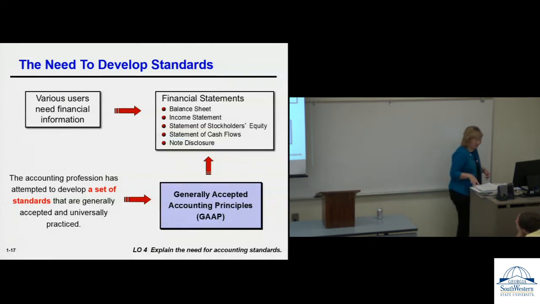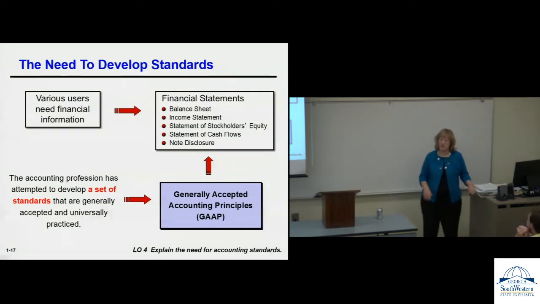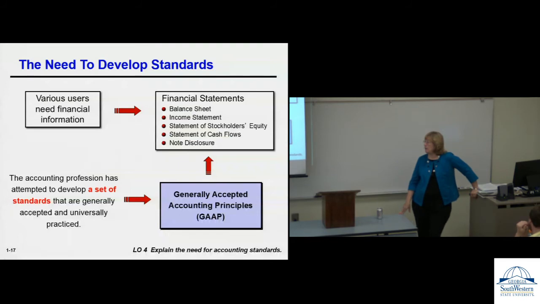Now, let me give you an example on page 7. On page 7, there's some information about GAAP. It says right here on the slide, the accounting profession has a set of standards that are generally accepted, okay? But on page 7, it goes into a little more detail.